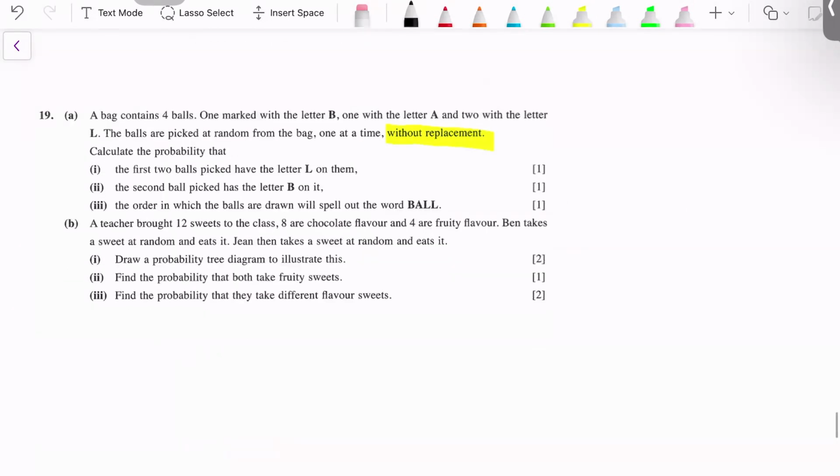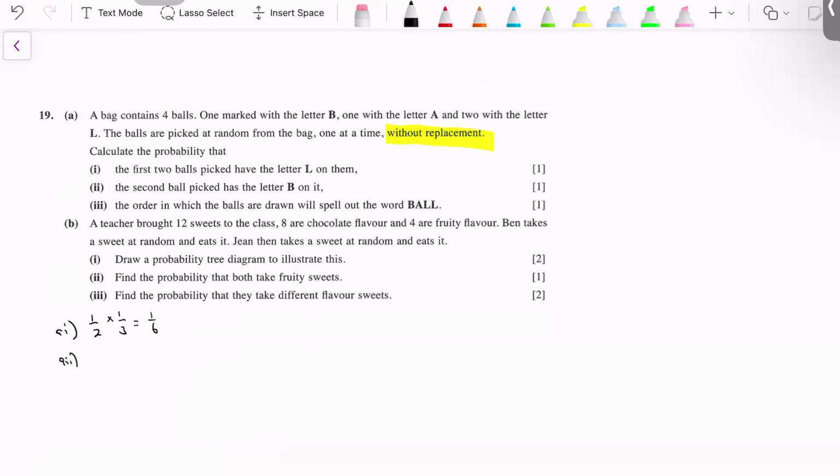Okay, so in this case, A part 1, the probability of us getting the first ball being L is 1/2. And following that, the probability of us getting the second ball being L after removing the first ball will be 1/3. So that gives us 1 out of 6.